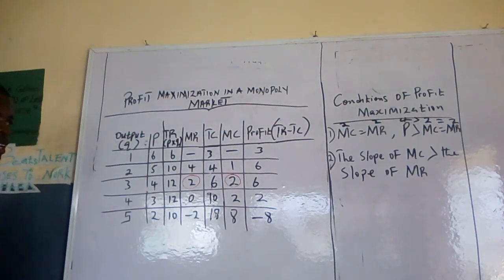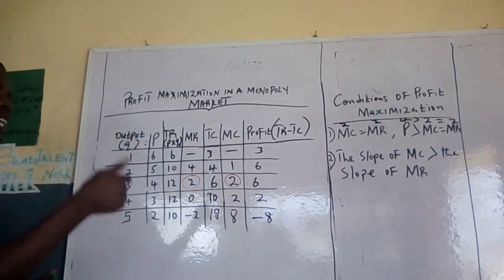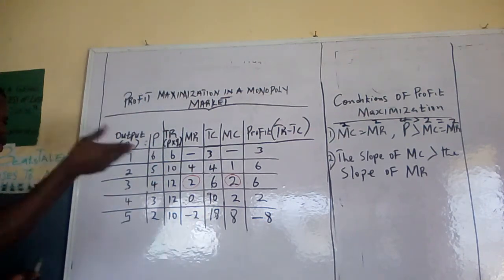Then the second condition: the slope of MC must be greater than the slope of MR. What is the slope of MC?